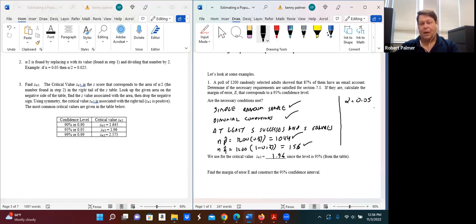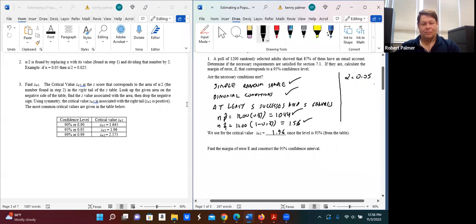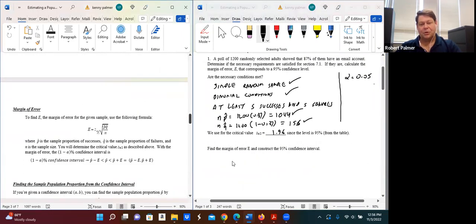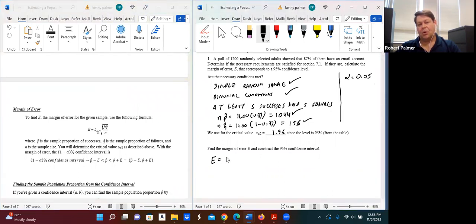Now, I want to find the margin of error E. So let's take a look at our definition. Margin of error E is, once again, z of alpha over 2, our critical value, times the square root of p hat, our sample proportion, times q hat, its complement, over n.